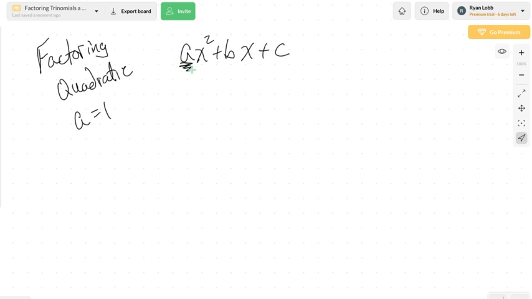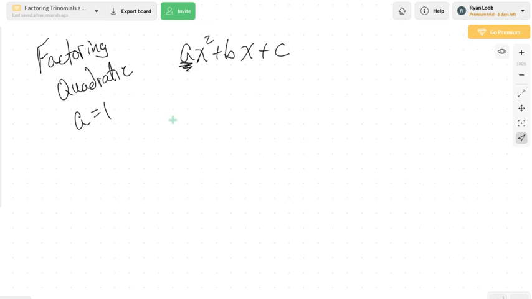If a is 1, then my first term is really just going to look like x squared. Okay, so factoring when it looks like that. The best way to do this is to look at some examples and talk about some things that make it pretty straightforward. So pay attention, take some notes, and pause the video as you're watching to write down some important stuff I'm going to write down.